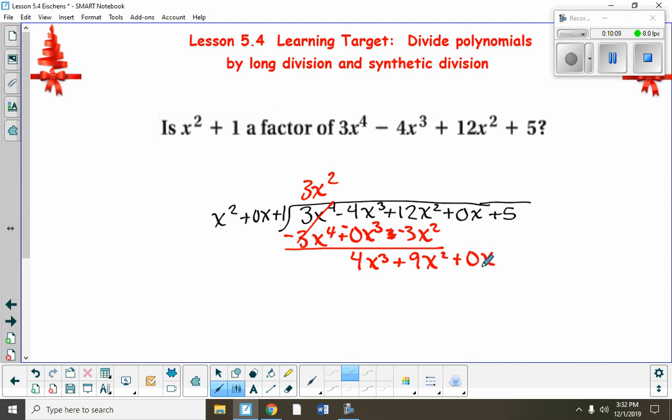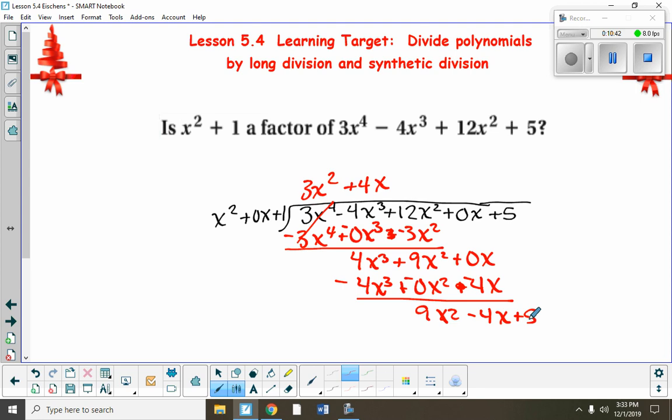Now we divide. x squared times what gives us 4x squared? We would say 4x. Now let's multiply. So we have 4x cubed plus 0x squared plus 4x. So that was multiply. So now we subtract. So we have 9x squared, let's see, minus 4x, and then we'll bring down the 5.